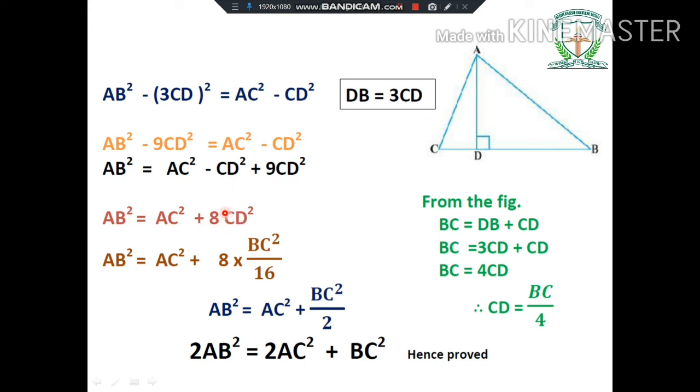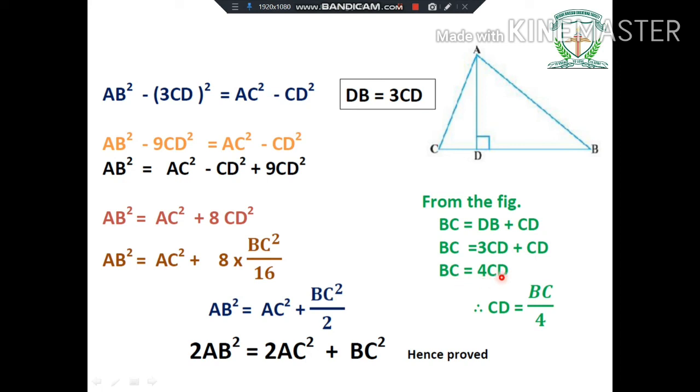Now children, you need to substitute for CD square. From the figure, this is BC. BC you can write BD plus CD. So BC is equal to DB plus CD. What is DB? DB is equal to 3CD. So BC is equal to 3CD plus CD. So 3CD plus CD is 4CD.